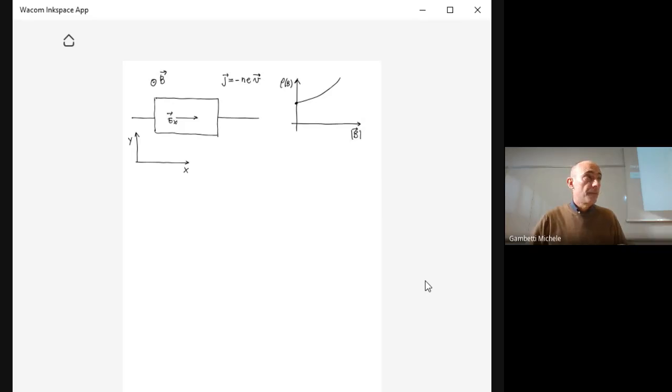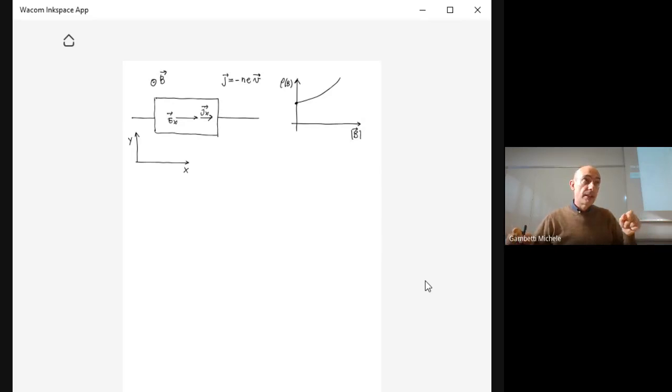If the electric field is applied to the right, the electrons move to the left, and as the electrons move to the left, the current density is directed to the right because you have the minus sign. So I write Jx because it's J in the direction of the field. Jx is expected to be in that direction.